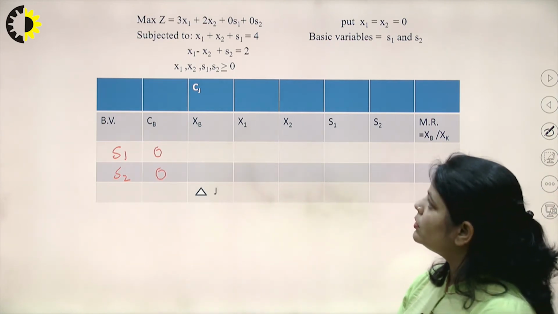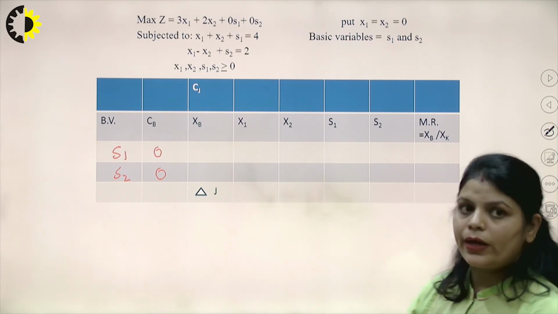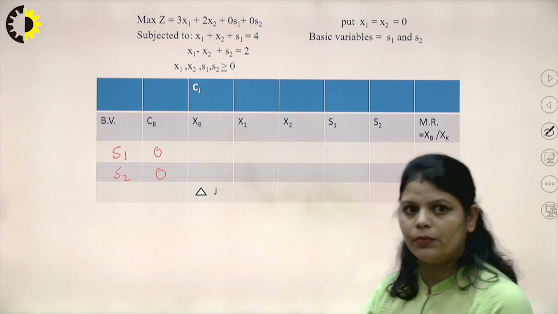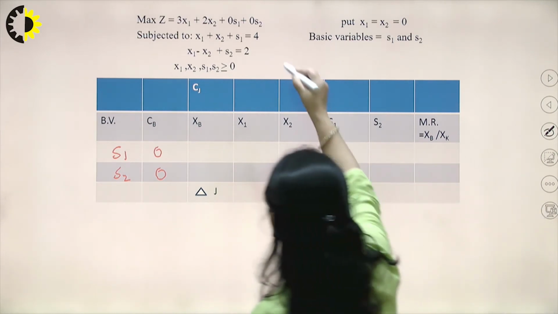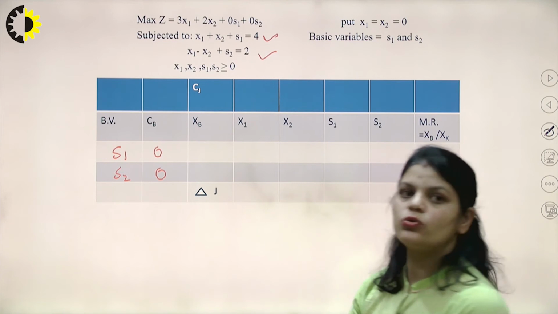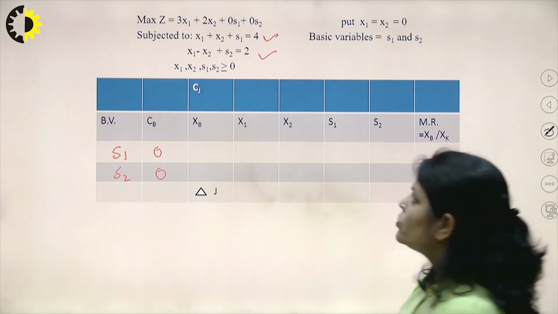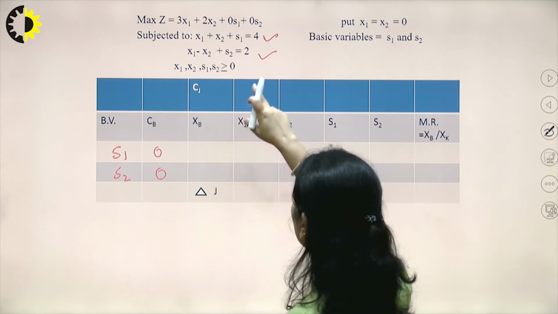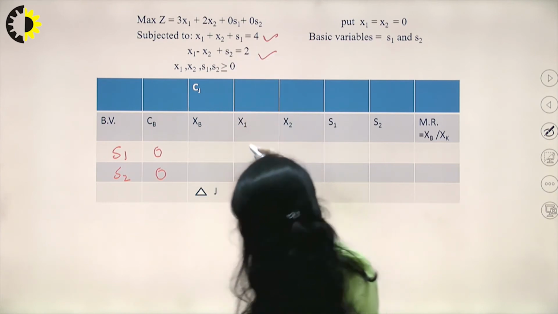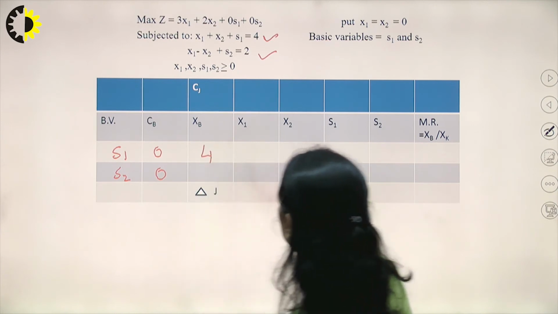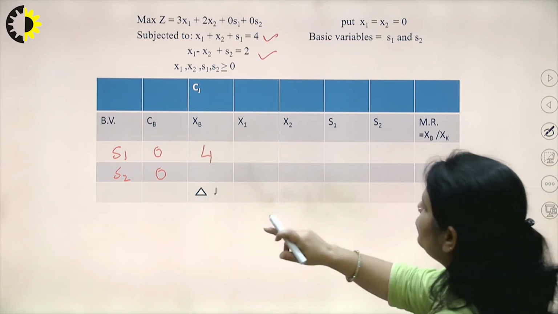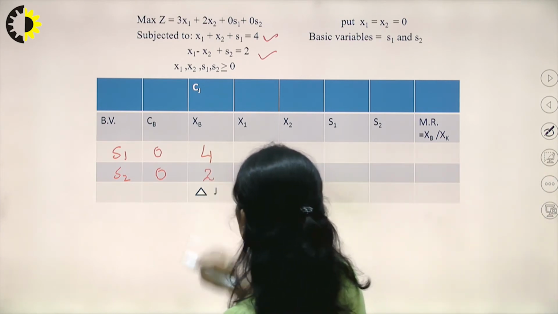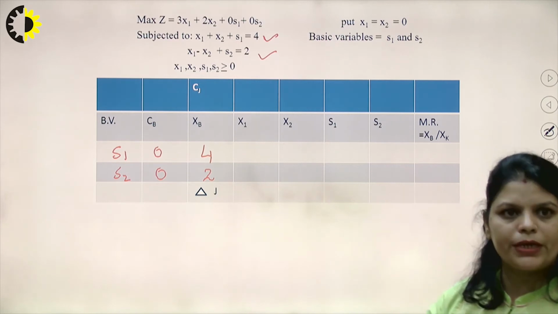Then the third column is indicating the value of XB. XB is indicating the values of basic variables, meaning the values that we will get after solving these two equations. If we put x1 and x2 equal to 0, we will get the value of s1 equal to 4, so we will write here 4, and the value of s2 will be 2. Clear? So these are the values of the basic variables.